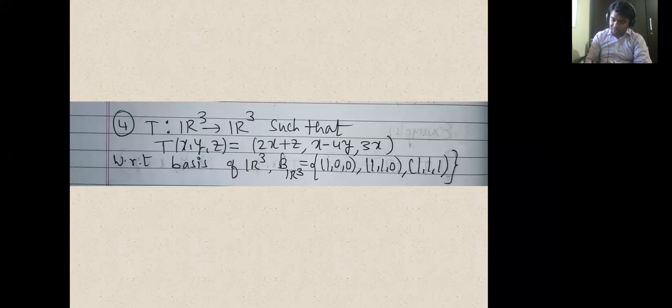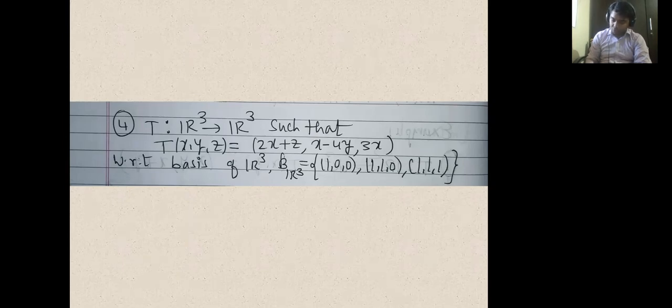So y and z are both 0, so I will get (2, 1, 3). This is the first vector, T of (1, 0, 0). Next, T of (1, 1, 0): x equal to 1, y equal to 1, z equal to 0.